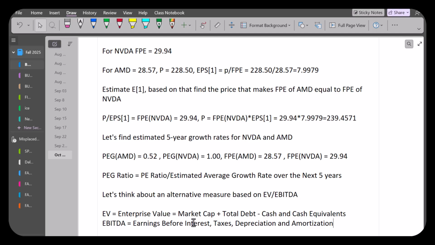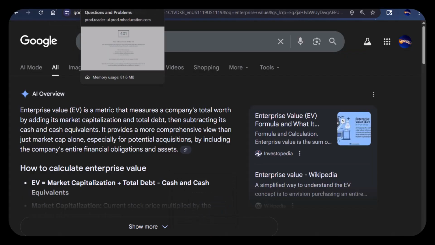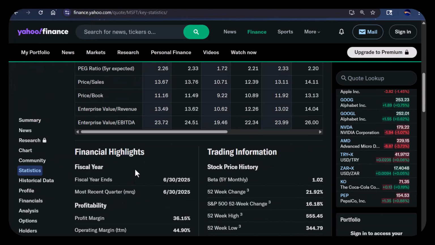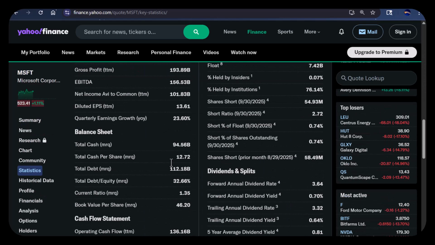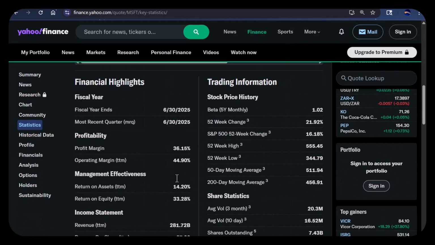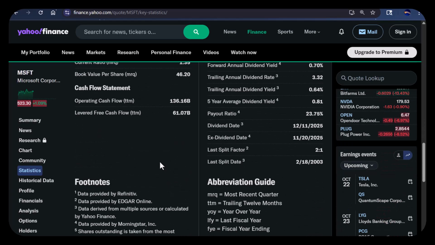And you can find that under, for example, let's go to EBITDA for, this is Microsoft.